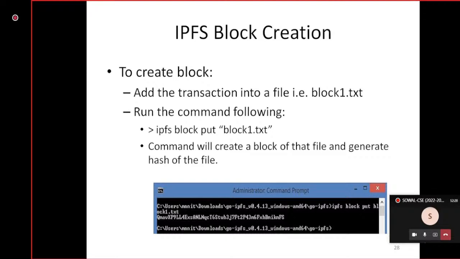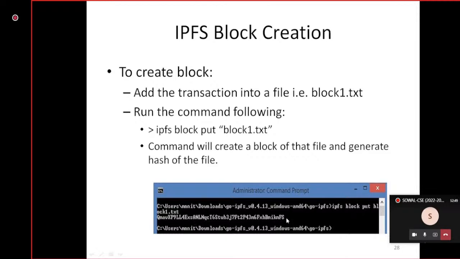I can use this hash value as an index to retrieve the data. In this example, you can see ipfs block put. When I run this command on IPFS, it returns a hash value. This is the hash value.